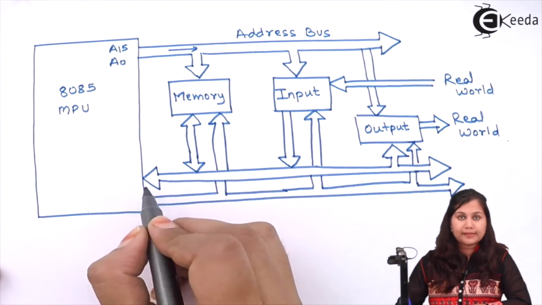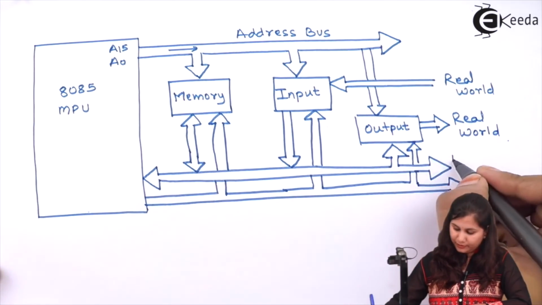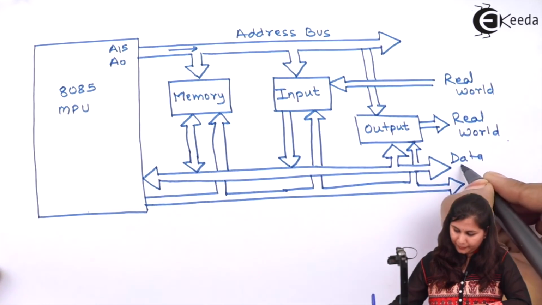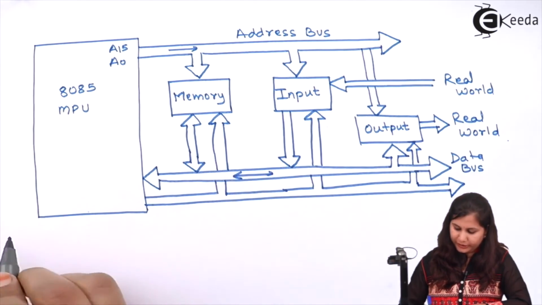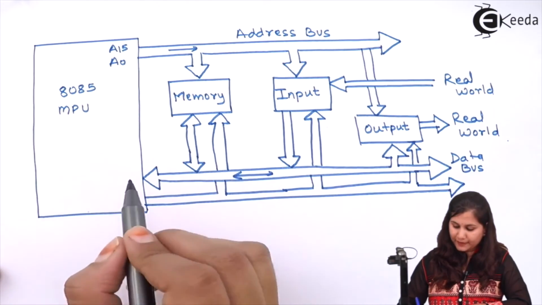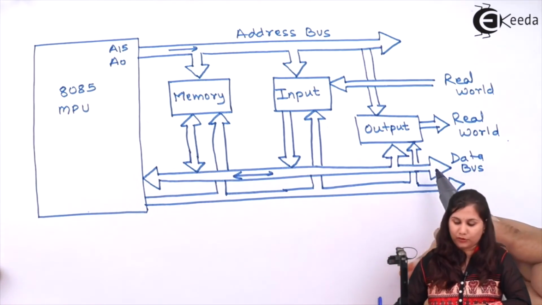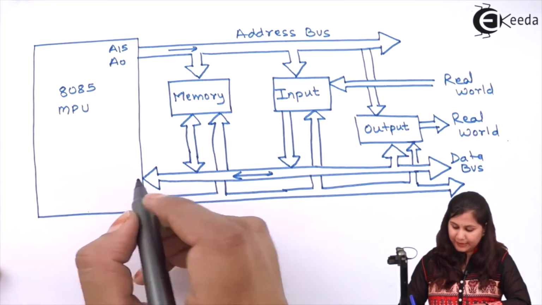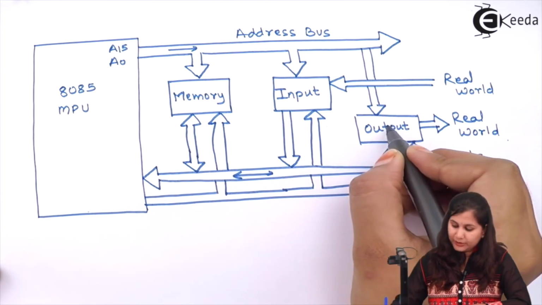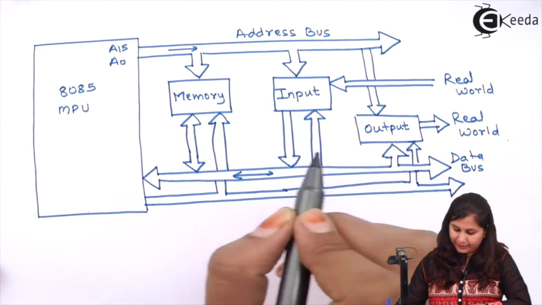This is our data bus. Data bus is bidirectional. The data can flow in both directions, into the microprocessor and out of the microprocessor. The input data is coming towards the microprocessor and the output data is going to the output devices.